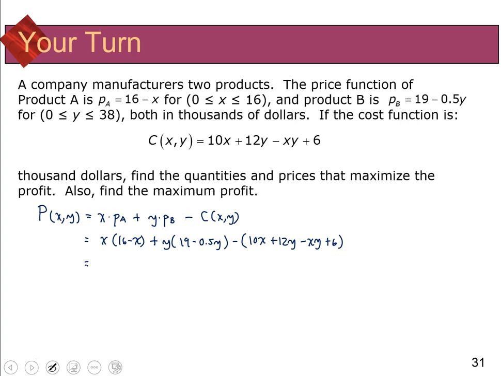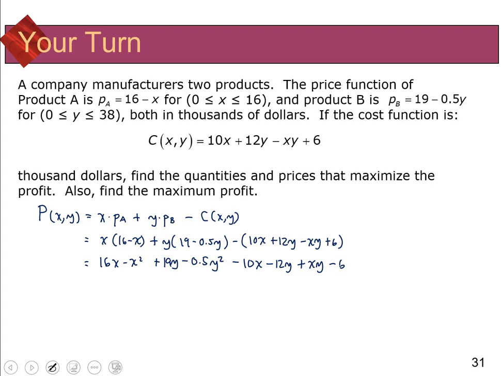I'll simplify this a bit. I get 16x minus x squared plus 19y minus 0.5 y squared minus 10x minus 12y plus xy minus 6.